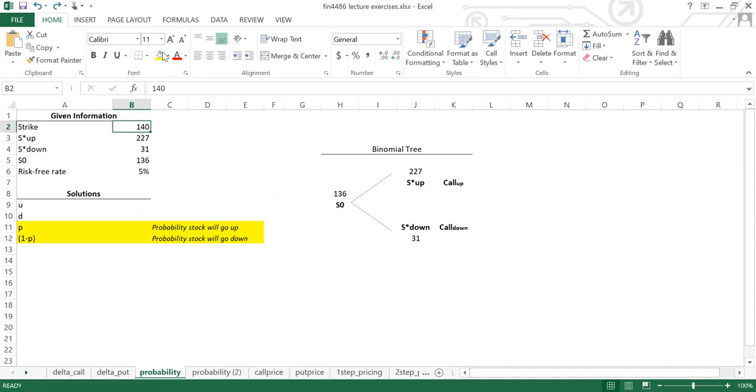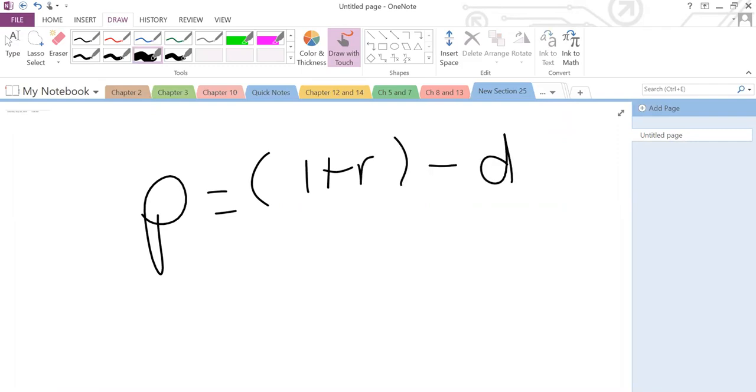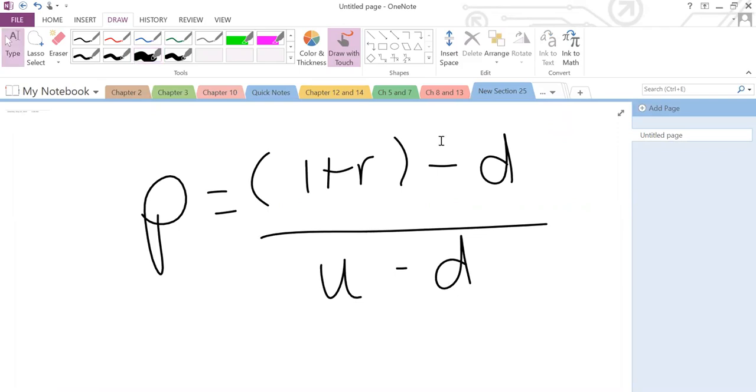Then we need to find the probability. The formula of the probability of both these trees we just saw, and I'm going to go back to the whiteboard to write that formula here, is the following. Probability will be equal to 1 plus r minus d divided by u minus d. That formula, you better write it in your formula sheet and keep it with you.